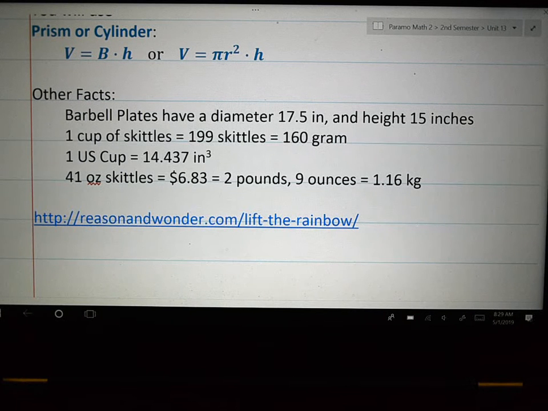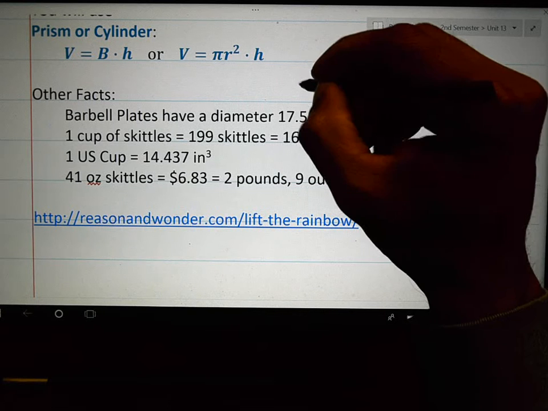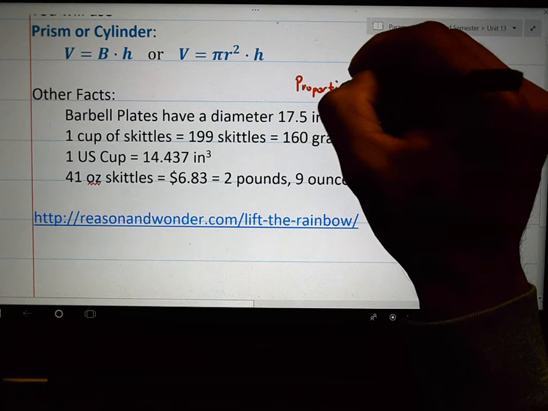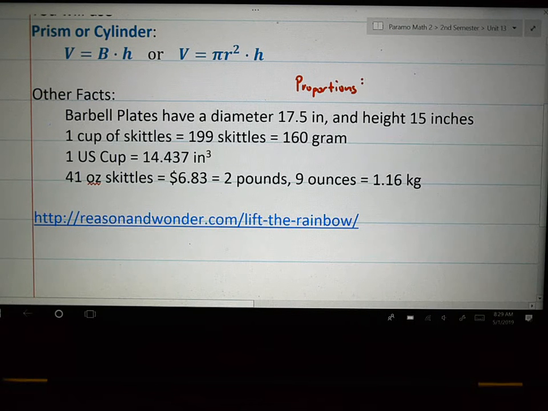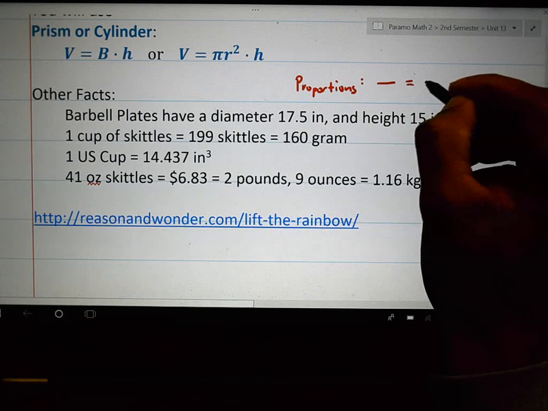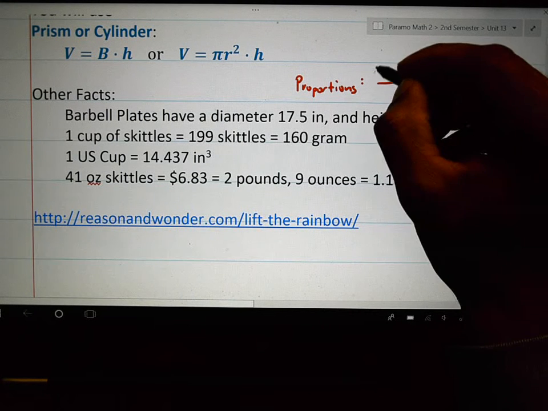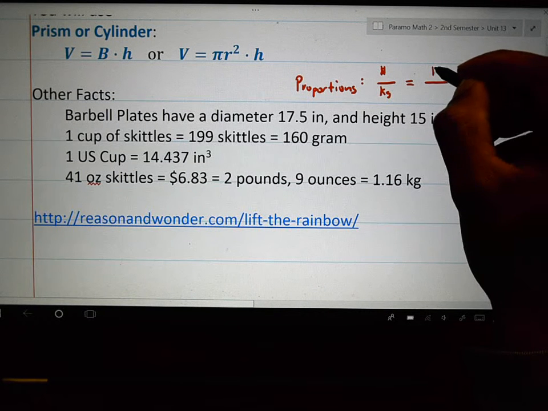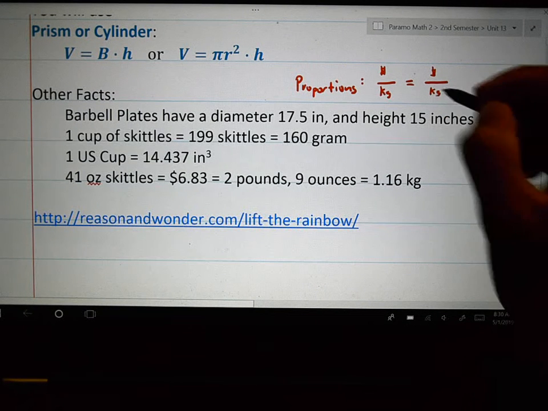The only other thing I did not put in here that you may be using is proportions. If you don't remember what a proportion is, it's where you have two fractions equal to each other. It might be price per kilogram equals a price per kilogram.